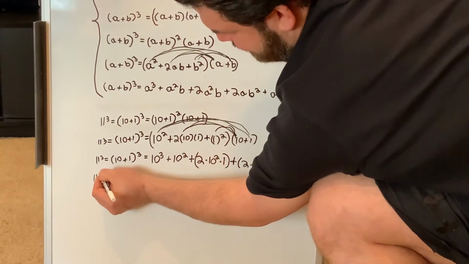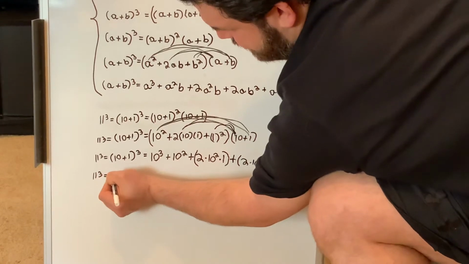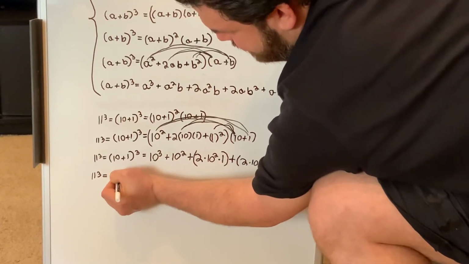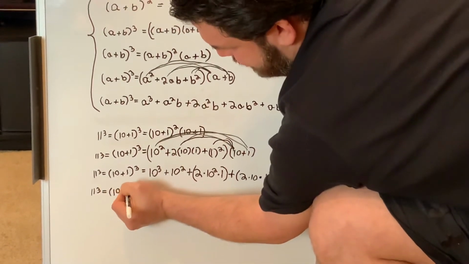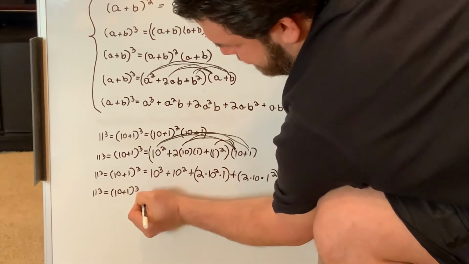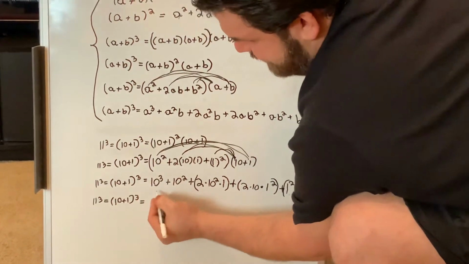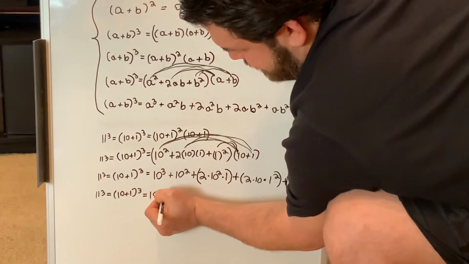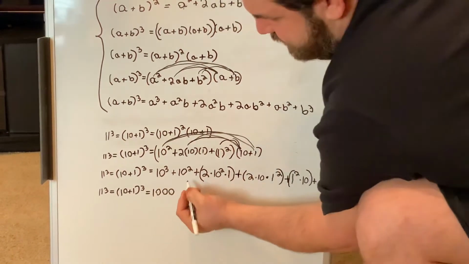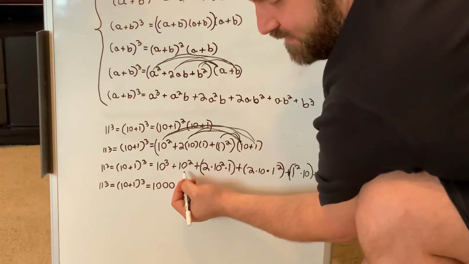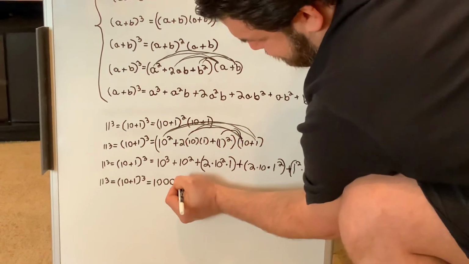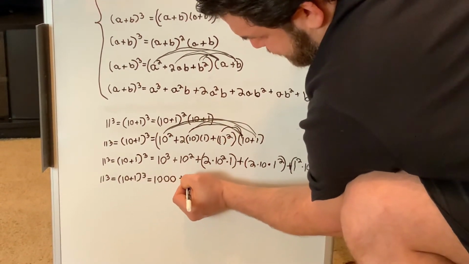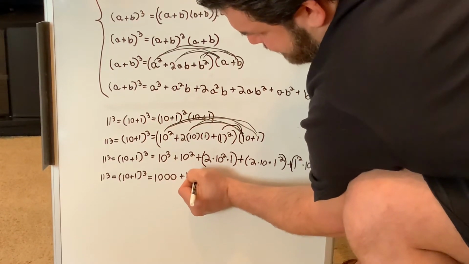And remember, we're trying to find 11 cubed, and we know that that's 10 plus 1 cubed. And that's equal to, now 10 cubed is 1,000. 10 squared, well that's 10 times 10, that's 100. So I'm going to write 1,000 plus 100.